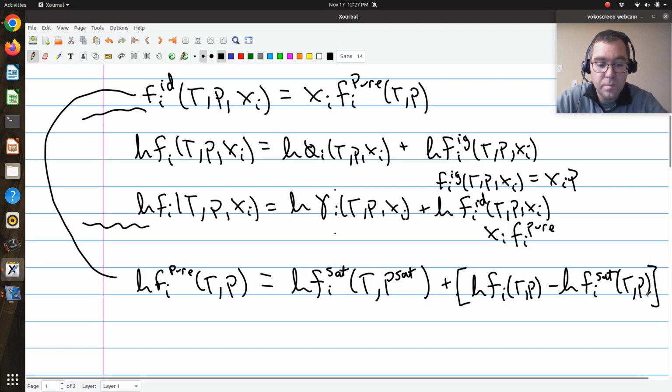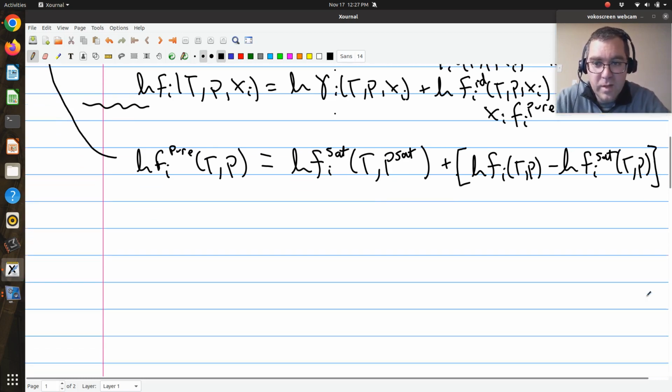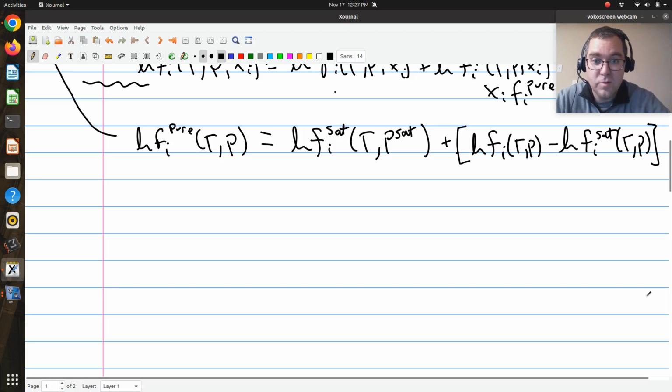Now I want to look at each one of these terms individually. I'm writing it this way just because it's easier to see and remember when we think about Poynting. The first term I want to look at is this one. What's key is we're talking about the fugacity of pure component i, a pure component state.